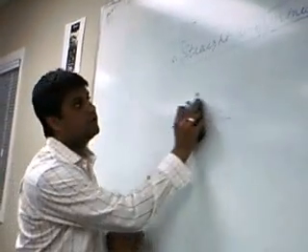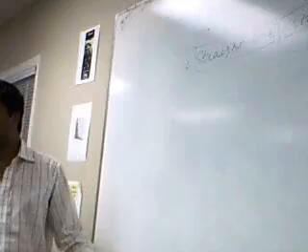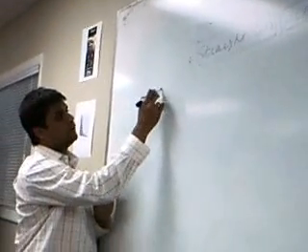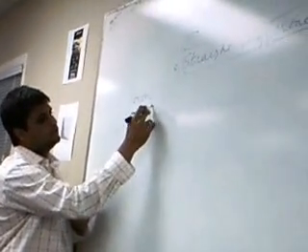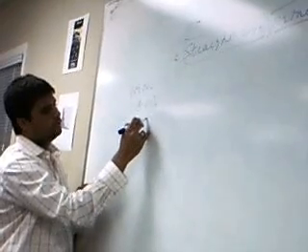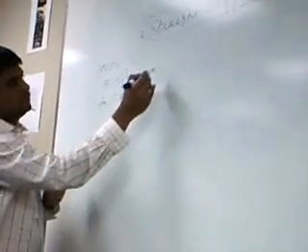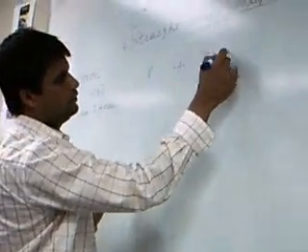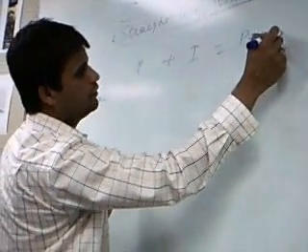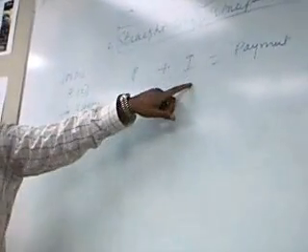So straight line principal reduction. So if you borrow $100,000 at 10% for 5 years, you pay principal and interest.